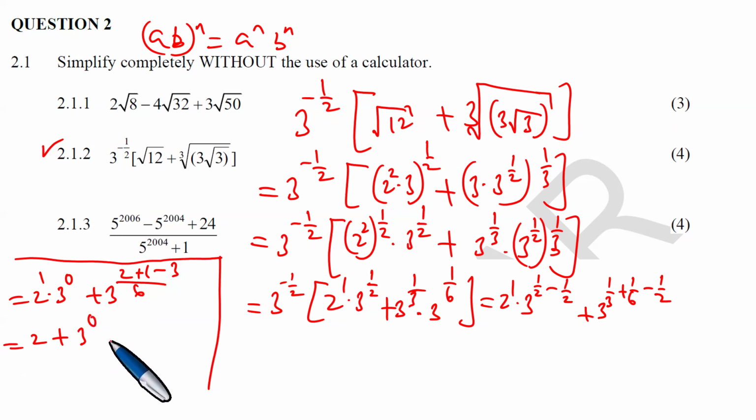Everything becomes 0. And therefore, this one here is 2 plus 1, and 2 plus 1 is a beautiful 3. And 3 is the answer. And 3 becomes the answer to the problem.